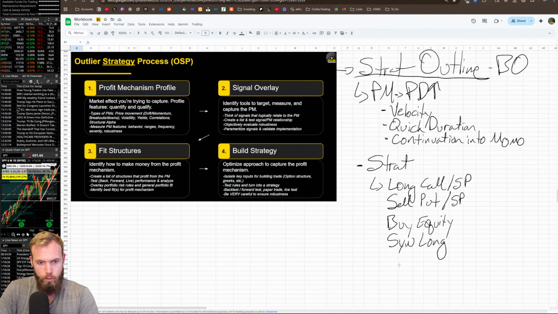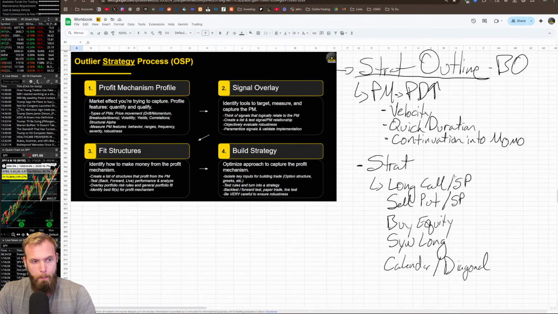There are a couple other things that I'm not sure people would immediately gravitate towards, but you could do something like a calendar, diagonal, essentially going horizontal. So my job as a trader is to outline what it is that I'm trying to capture.